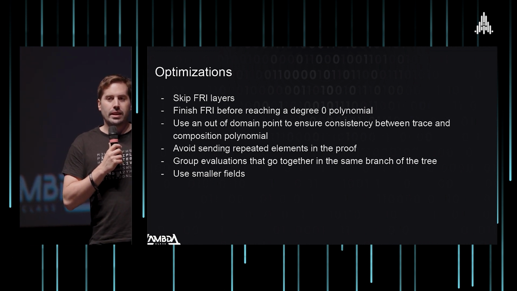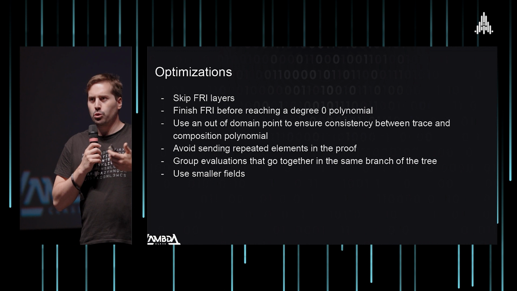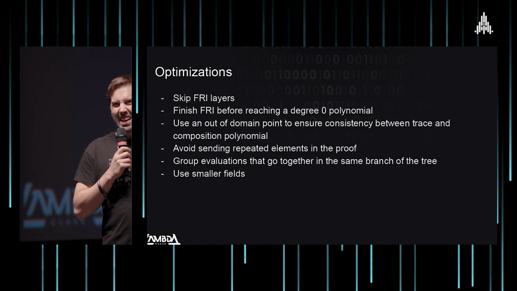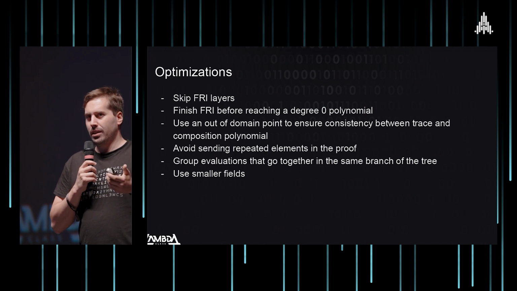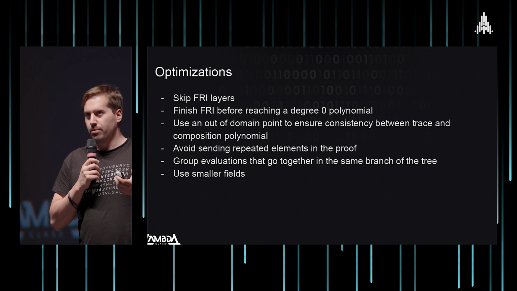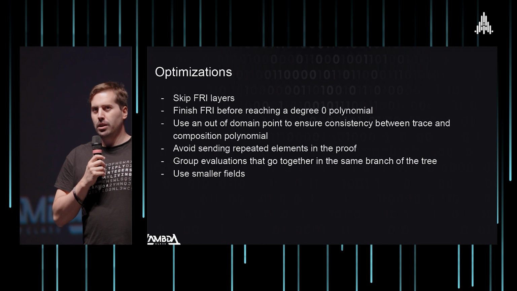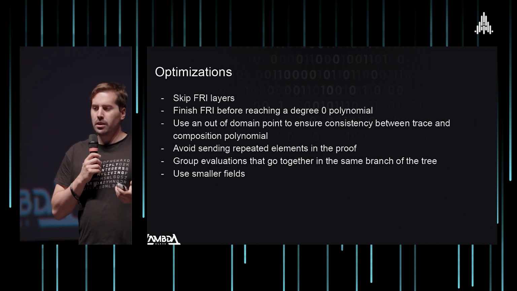Another thing is, in general, we have to pass 2 elements from every layer of the polynomial, so we can group them together in the same branch of the Merkle tree. That is really more efficient.